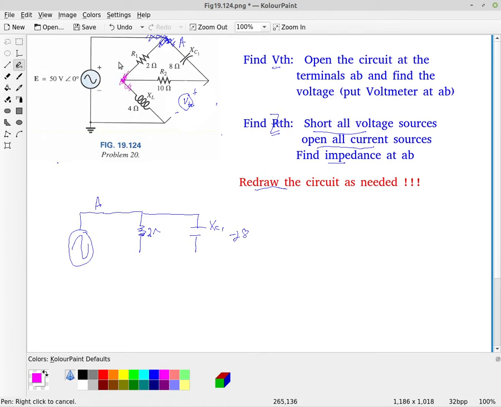So I'll call this point B, and from point B we go through an inductor, and then we go to ground. This is our ground down here.